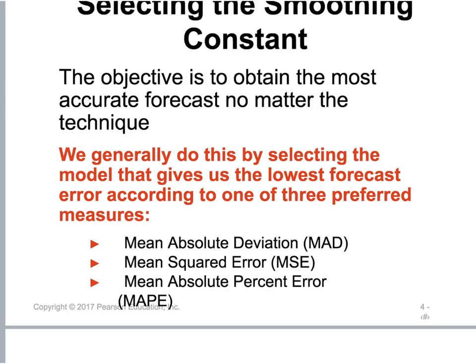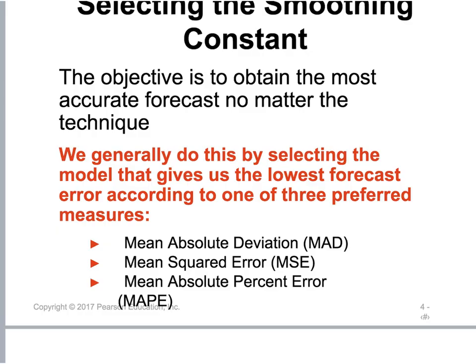So the objective here is to maintain the most accurate forecast no matter the technique. It's important when you have the different methods that the whole objective is really to minimize your forecast error. You're going to choose the method that gives you the least error.